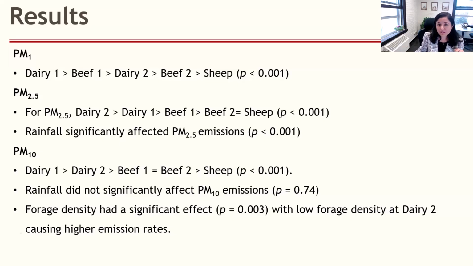If there was a rainfall event before we sampled, PM2.5 emissions went down, but it didn't significantly affect the PM10 emissions. Now forage density: dairy 2 was an organic farm, so they didn't apply fertilizer, but forage density was kind of low, and it was a significant source of PM10 emissions.